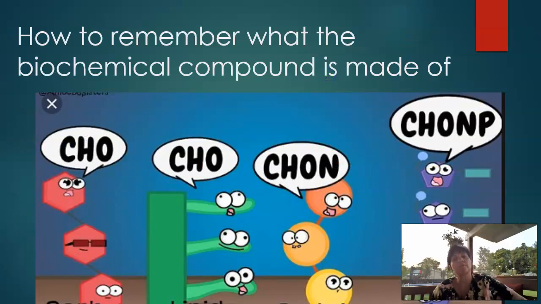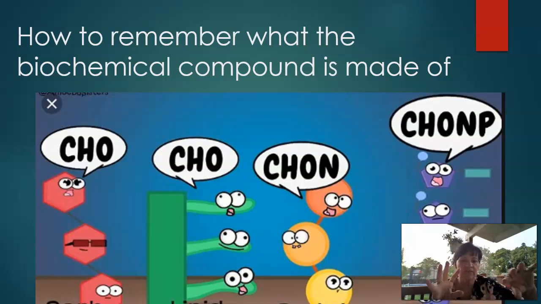And then how to remember what biochemical compound is made up of what. The carbs, I did it in the sequence we did our slides in. So we've got carbs, lipids, proteins, nucleic acid, and they kind of grow. So the carbs are CHO, which is carbon, hydrogen, and oxygen. Lipids are CHO, carbon, hydrogen, and oxygen.